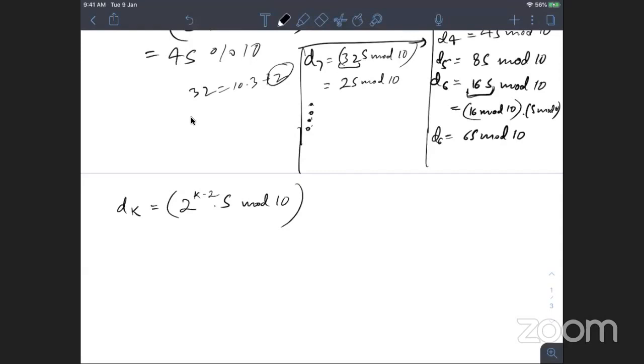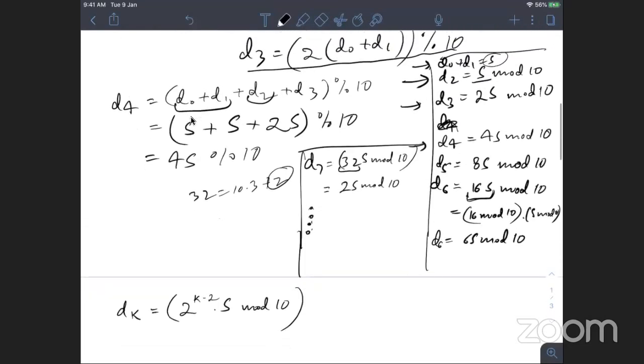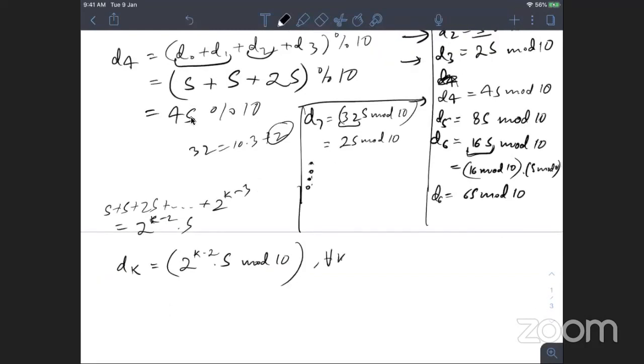It's not really even a pattern. It's more like saying Dk is basically the sum of all the previous guys. And we know the sum of previous guys is kind of like S plus 2S up to 2 to the k minus 3, which comes out to be 2 to the k minus 2 times S. That's how the expansion works. So that's true for all k greater than or equal to 2.